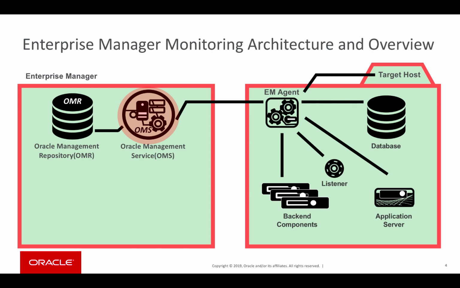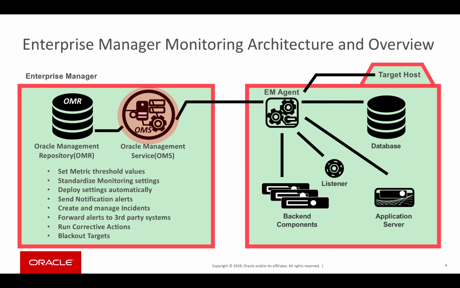And with regard to the monitoring configuration, that takes place mostly in the OMS piece. So what you can do in OMS, you can configure, first of all, the monitoring settings, such as metric threshold or collection timing for each metric in each target type.